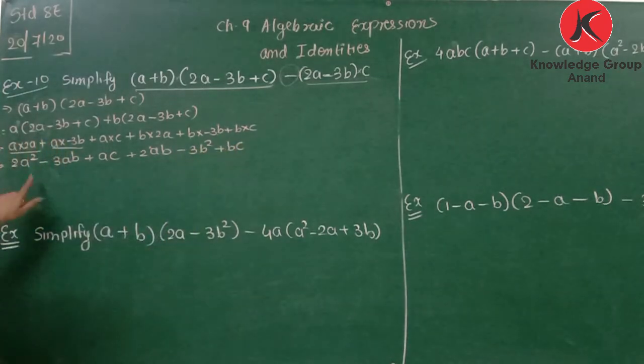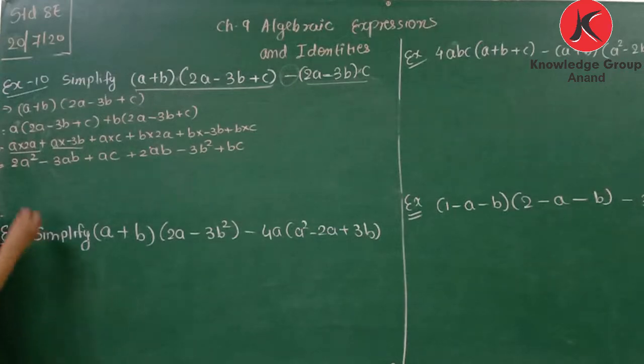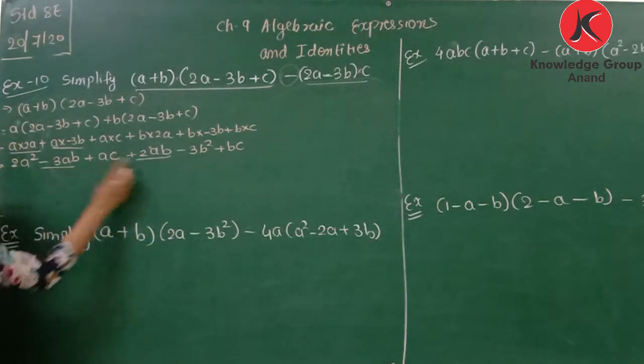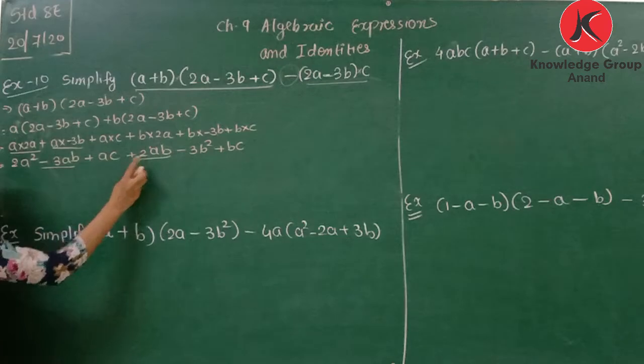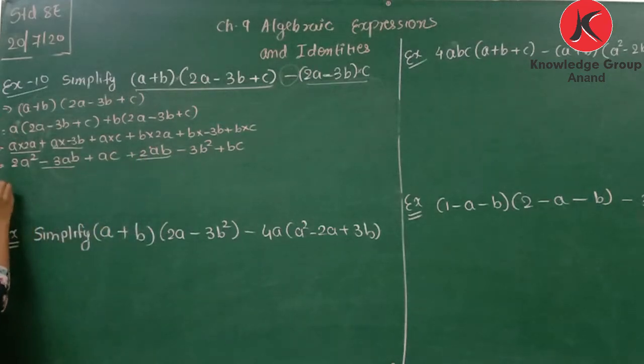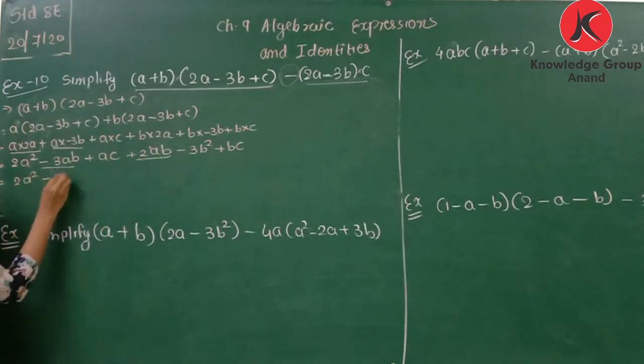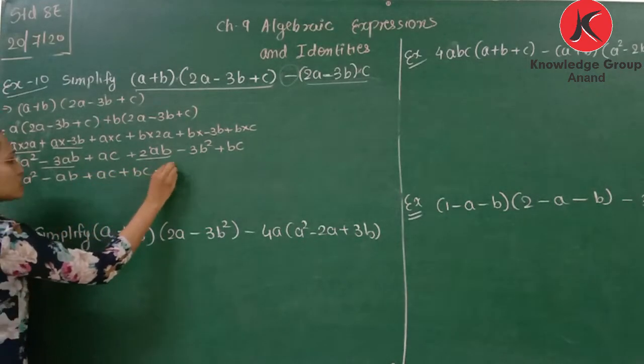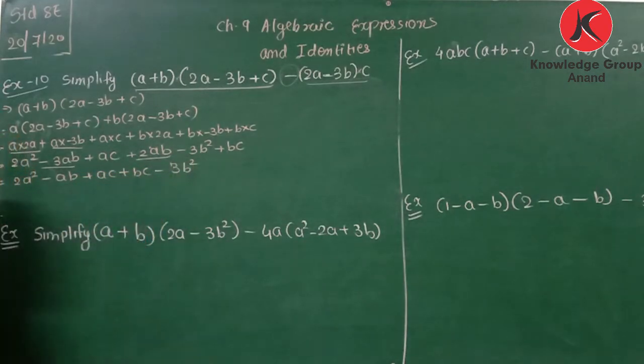Now are there any like terms? All are unlike terms, you can see a square, ab, ac. So yes, here minus 3ab and plus 2ab, minus 3 plus 2 becomes minus 1ab. So it is 2a square minus ab plus ac plus bc minus 3b square. Okay, so this is the simplified expression.